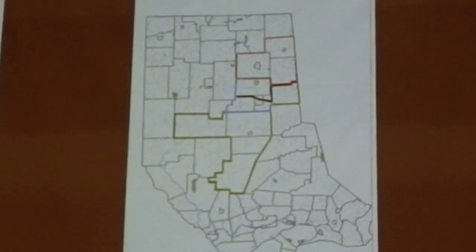Before we move to the next slide, it's going to be the same map. The black line is going to be in the same location because we're not changing high school attendance areas. You're going to see a slight change in elementary lines from this slide.